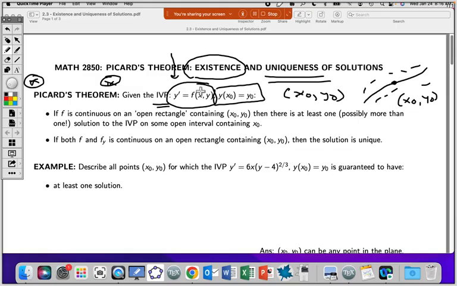So if the function f is continuous on an open rectangle or open disk containing x naught, y naught, then there's at least one, possibly more than one, solution. So if f itself is continuous, you get at least one solution. If in addition the partial derivative of f with respect to y is continuous, then you're guaranteed that solution is unique. Okay.